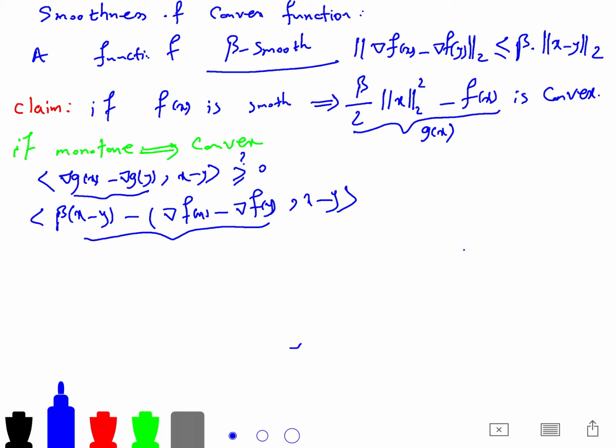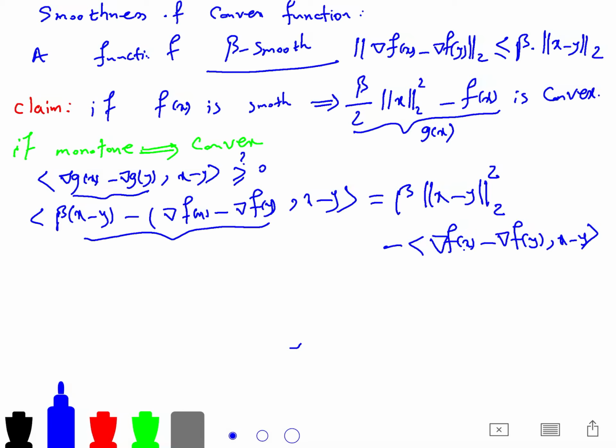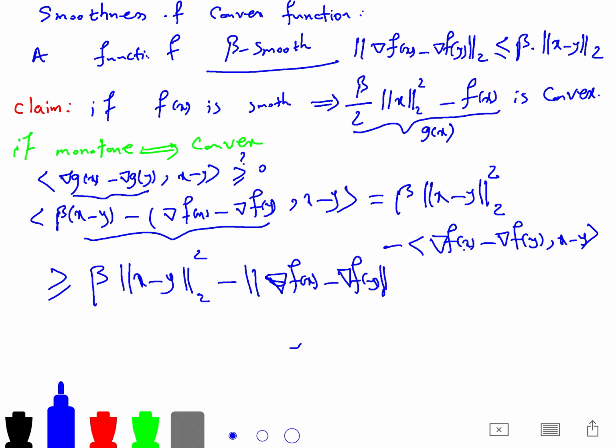So this one is exactly the same as saying that this is beta times the norm of x minus y squared minus gradient of f of x minus gradient of f of y times x minus y. And this one is greater than or equal to beta times the norm of x minus y squared minus the norm of gradient of f of x minus gradient of f of y times the norm of x minus y.